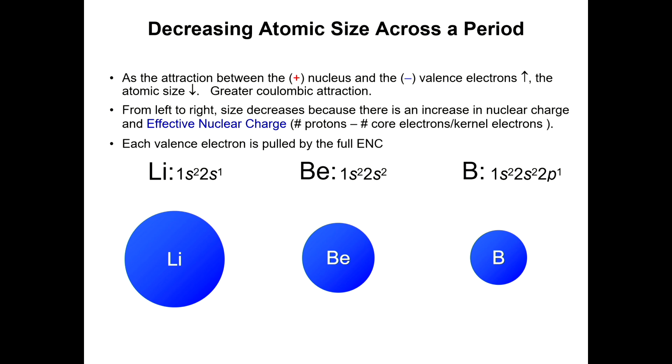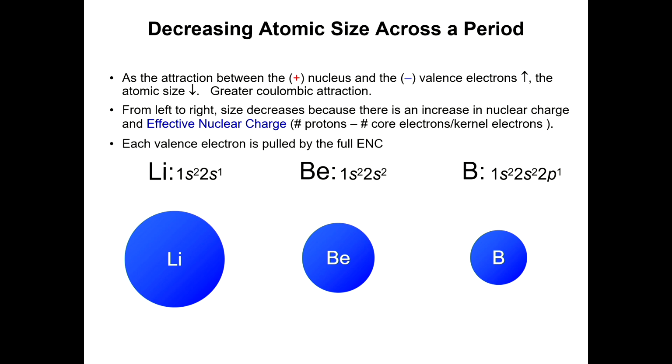The valence electrons are attracted much more by the nucleus, so they tend to be closer to the nucleus, and the radius decreases. So from left to right, size decreases because there is an increase in nuclear charge and effective nuclear charge.